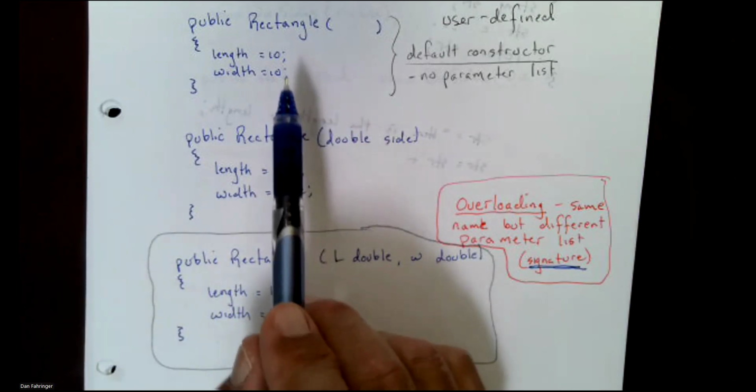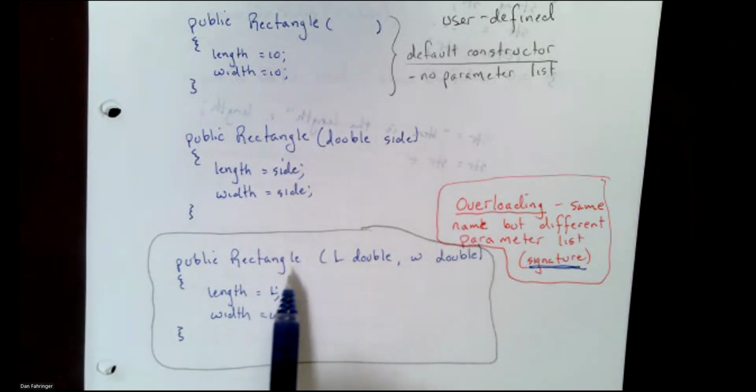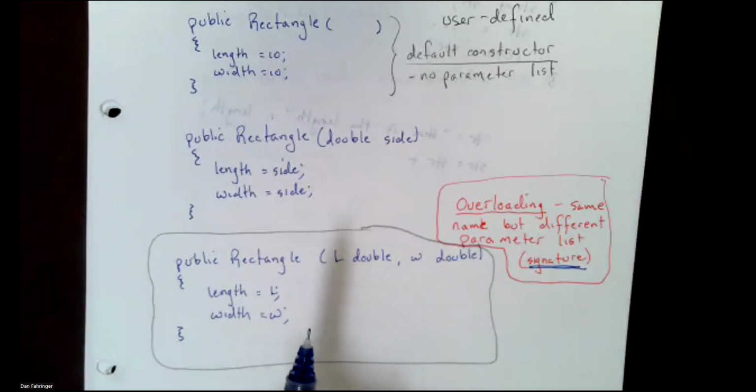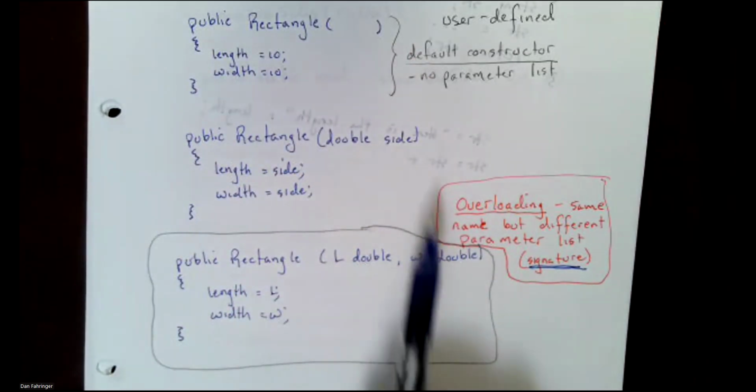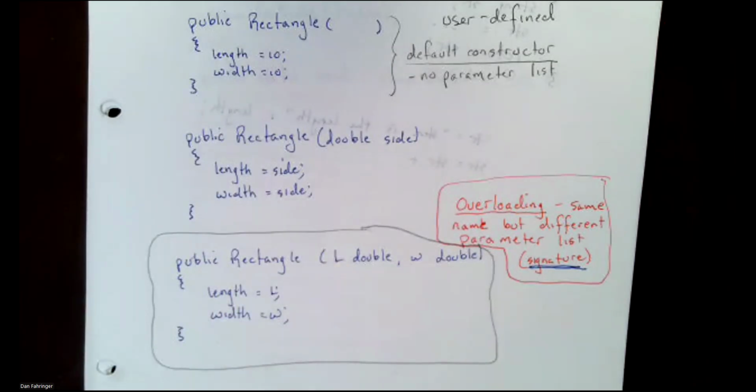So here I have a program with 1, 2, 3 different constructors. And for those of you that read over 6.2, we are actually taking 6.1 and enhancing it. One of the enhancements is adding extra constructors to the program.